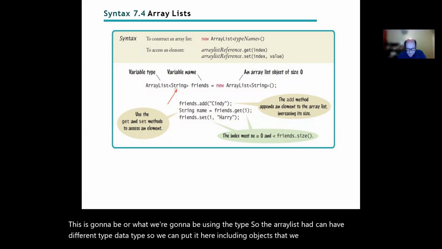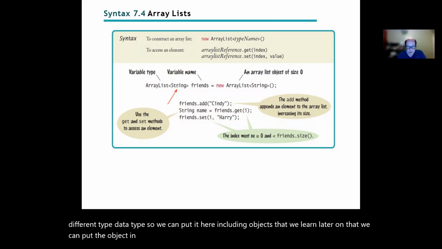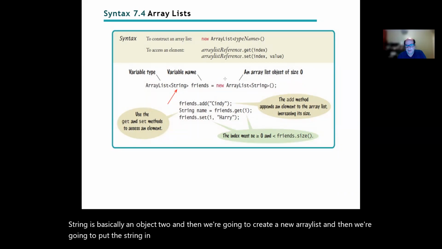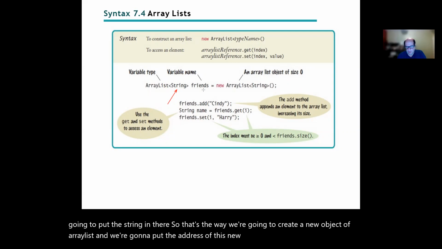A string is basically an object too. Then we're going to create a new ArrayList of strings, and we're going to put the address of this new object into this variable, which has the same data type.